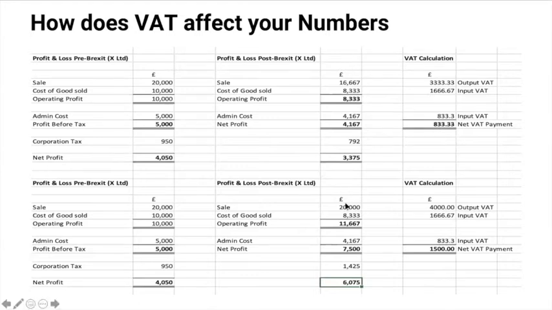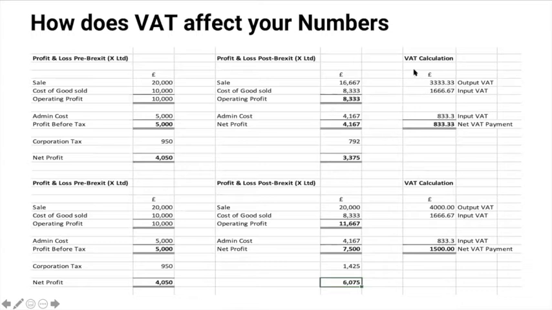So you decide which model you do. On both models, you can see your total sales would still be 20,000, but of that 3,333 would belong to HMRC. On the other side, because you paid £10,000 on cost of goods sold, out of that 1,600 is something that you can claim back on those payments. Your P&L itself will look like 3,375, and the total payment to HMRC will be 833.